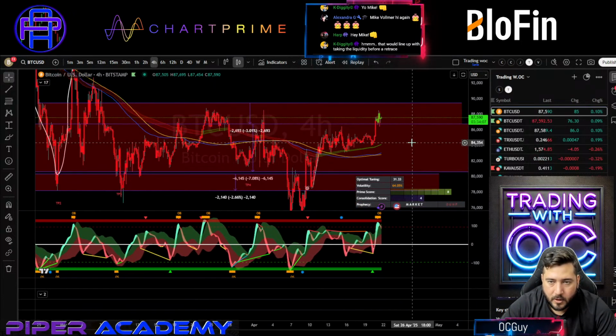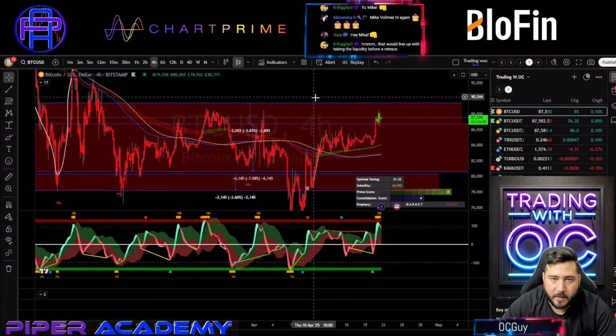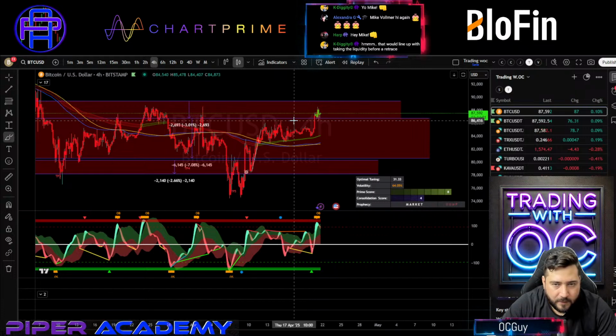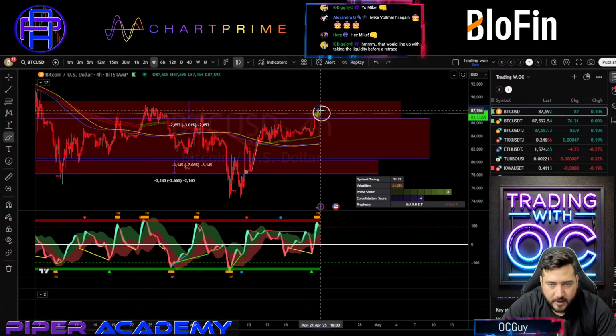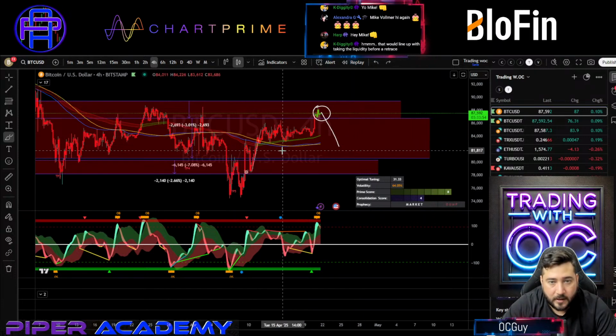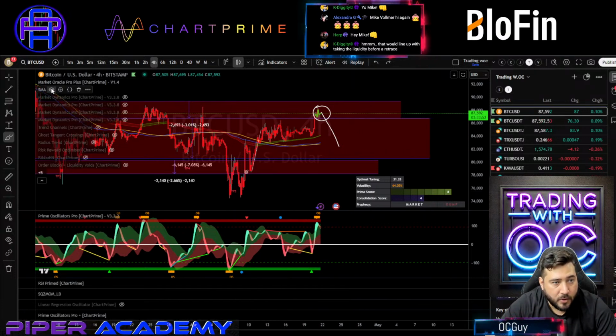There we go. So how could we be maybe measuring this? Or what could happen? Well, if we have a rejection, we're going to be heading to our next big area of support. Where is it? Our SMA combo. Remember our SMA combo, or if you have it, your Market Oracle Pro Plus in here, your dynamic reactor.